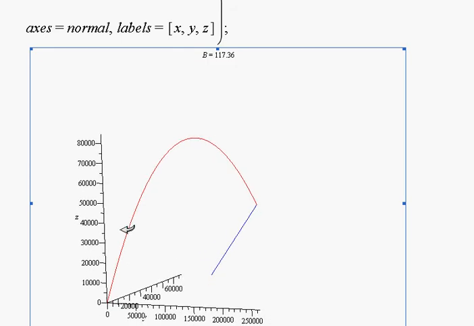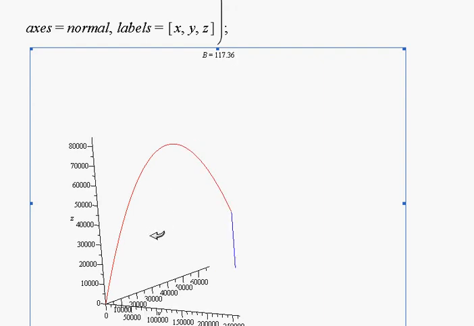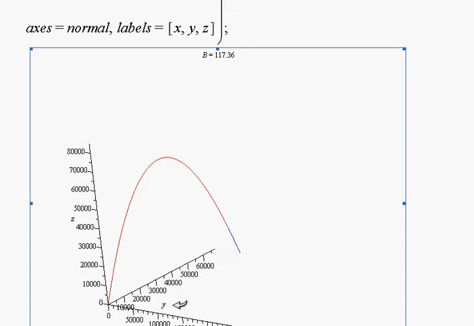So let's play this so you can see it. So there goes the rocket, 30 seconds later, and then it hits. You can see it again, and then hit. So let's compare this.